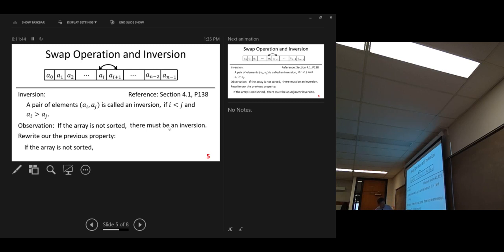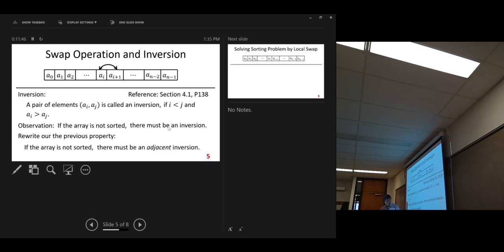If the array is not sorted, there must be an adjacent inversion. How about that? Even if the inversion is far away, you can get an adjacent inversion.